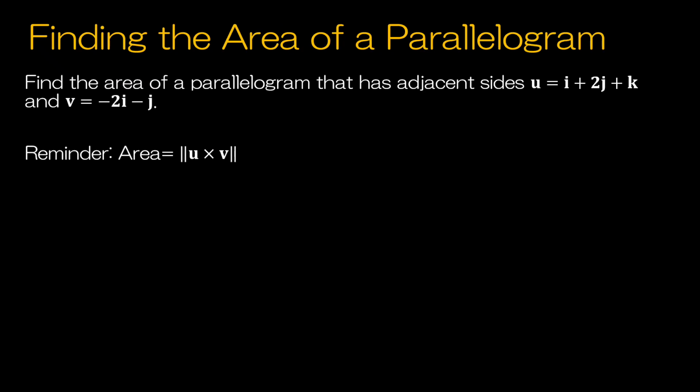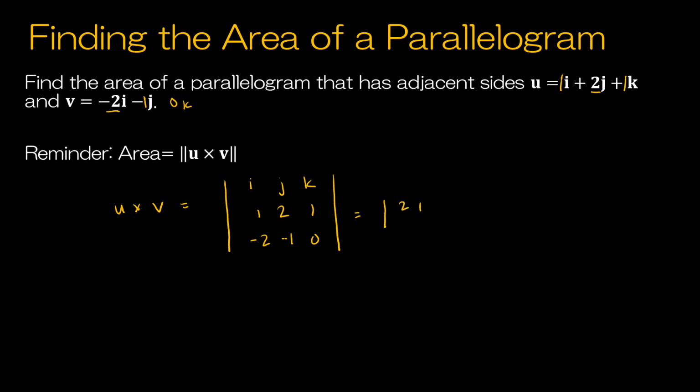Let's find the area of the parallelogram that has adjacent sides U and V. Again, the first step would be to find the cross product of U and V. So if we write this as the determinant of a matrix using i, j, and k in the first row, 1, 2, 1 in the second row, and -2, -1, 0 in the third row, then I am going to use cofactor expansion.